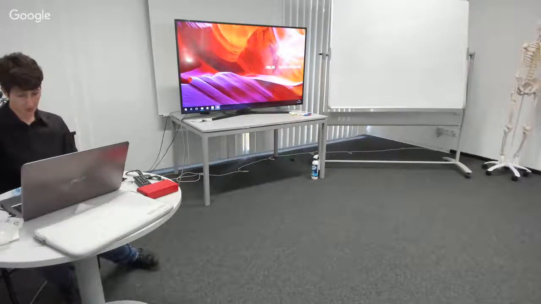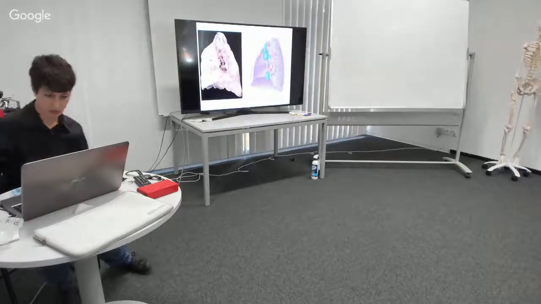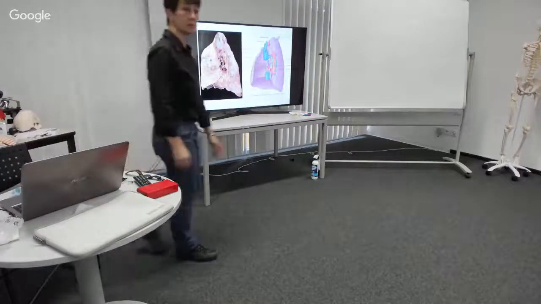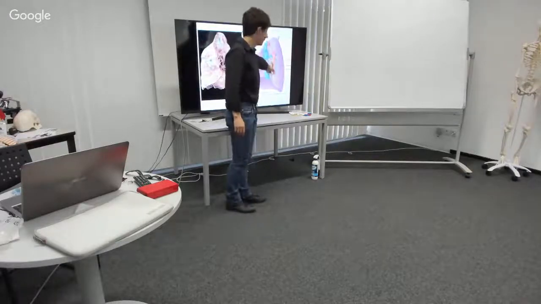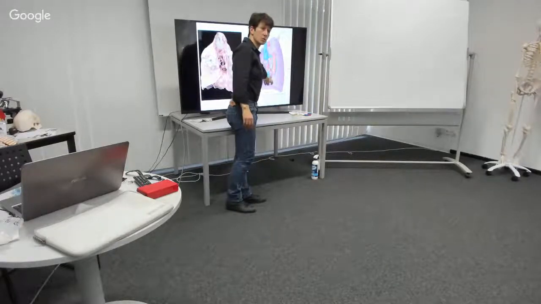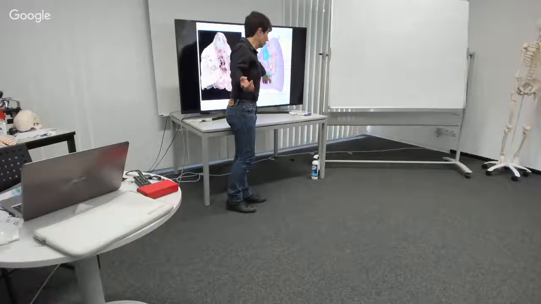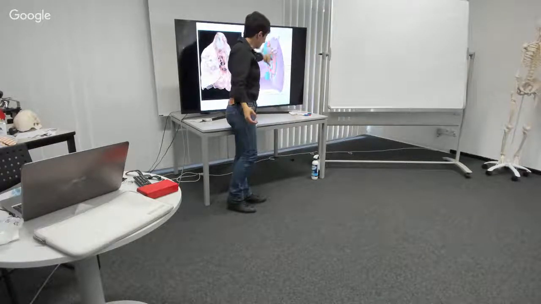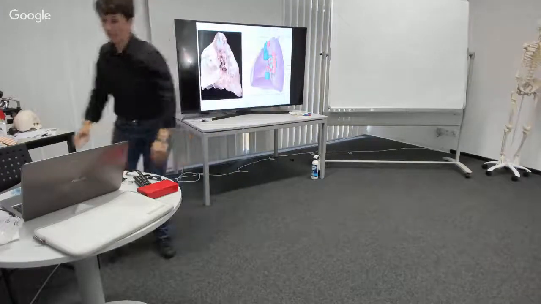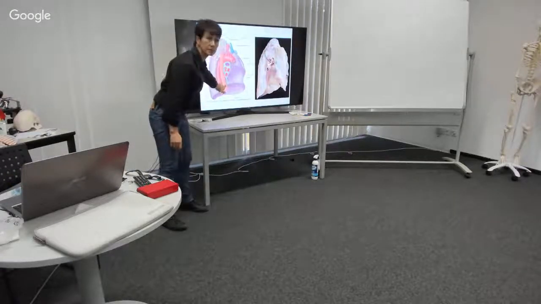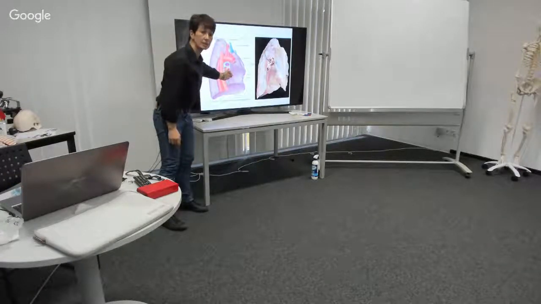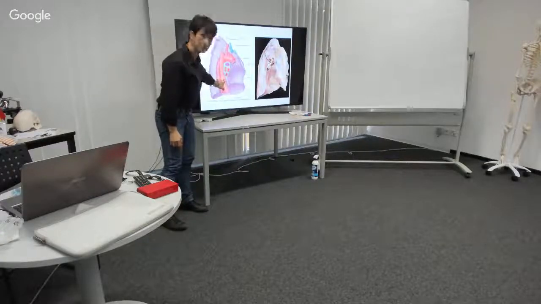Okay, found the picture. You remember this? Right lung, the hilum, esophagus. You remember when I told you that the esophagus is leaving a groove on every part of the medial surface of the right lung, and then also on the lower part of the left lung, here.